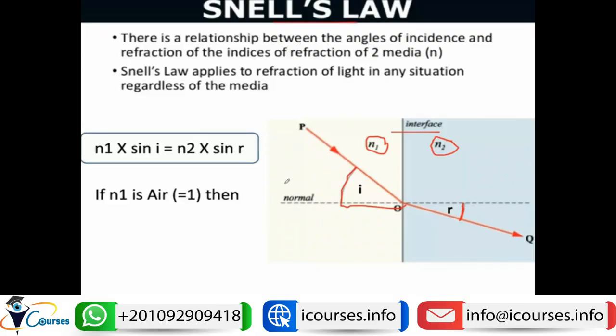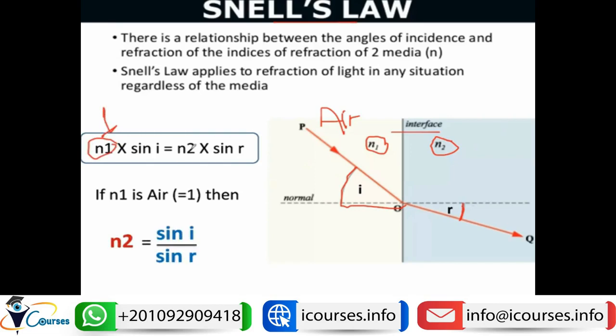So what happens if one of these media is air? If N1 is air, can we know the refractive index of the second medium? Let's use this equation. If N1 is air, the refractive index of N1 is 1.